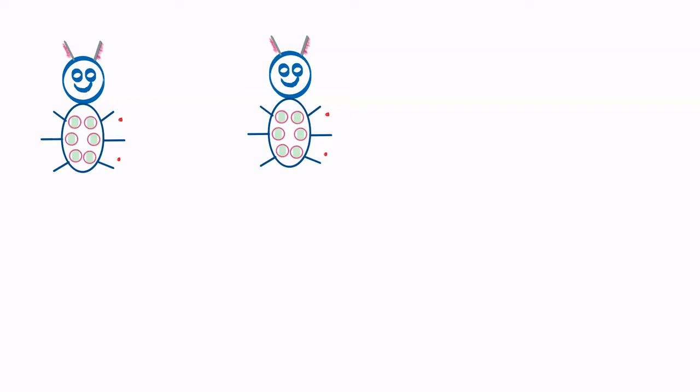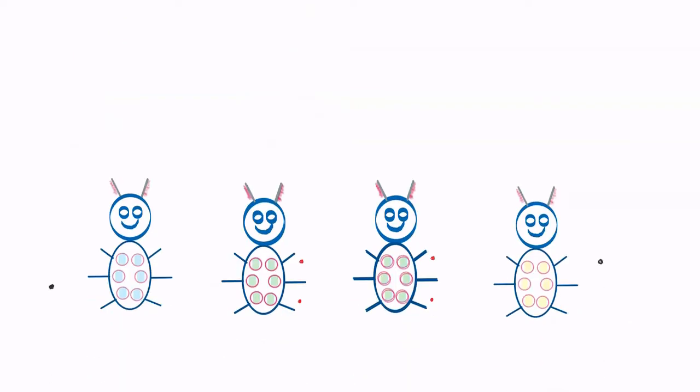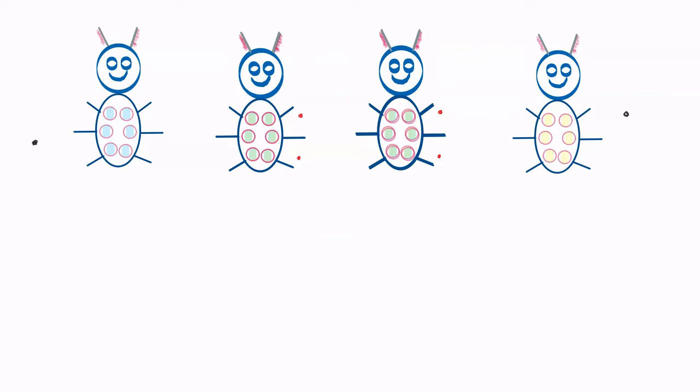And a cross of 2 green-spotted phenotype results in 1/4 blue, 1/2 green, and 1/4 yellow. We know that both blue and yellow spotted are pure breeding. We can assume them to be homozygous.